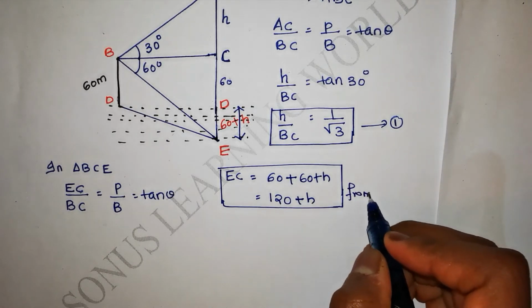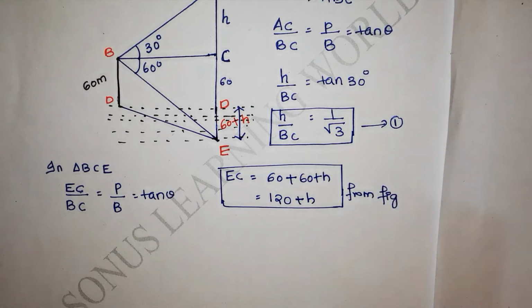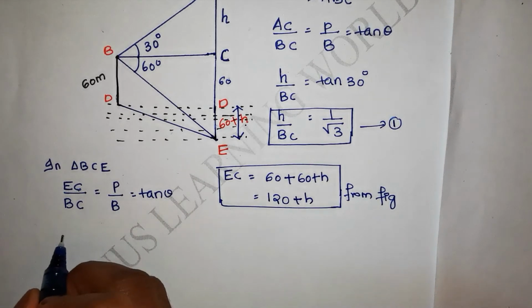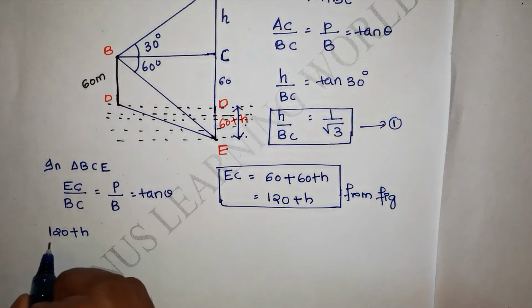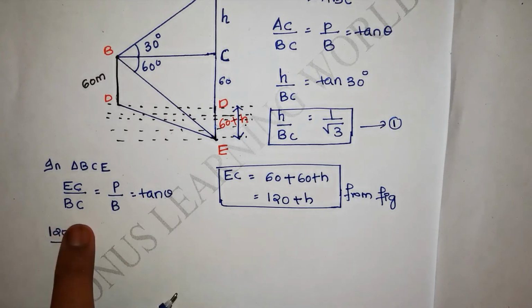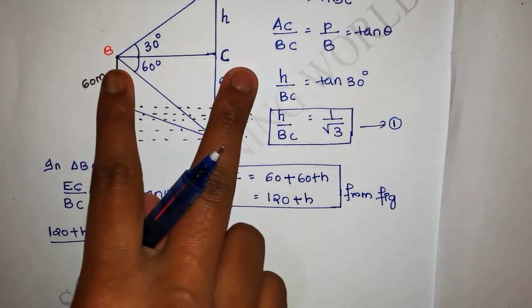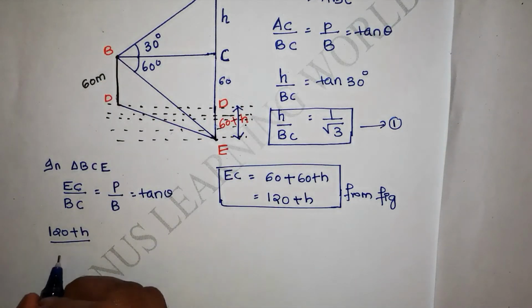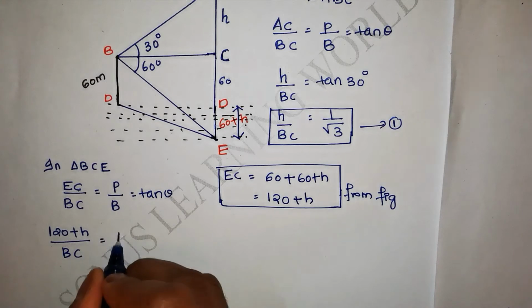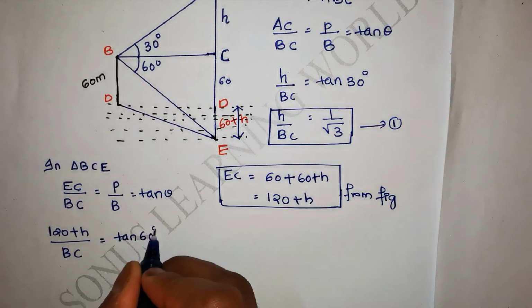So that is easy from the figure. Okay students. So next I am writing 120 plus H by BC. We have nothing for BC, so let me write BC only here. So EC by BC is equal to tan 60 degrees, theta is 60.